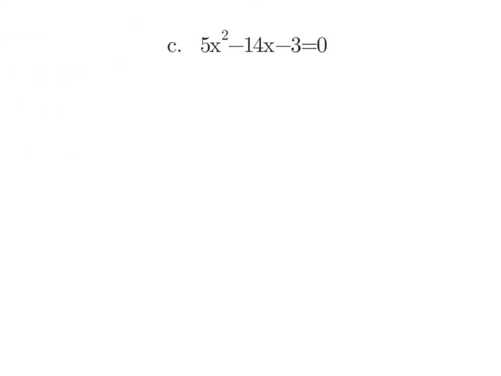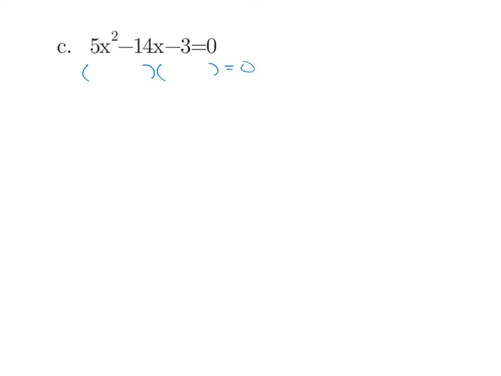Okay, last one. This is already set equal to 0, so we want to go ahead and factor it. Things that multiply to 5x squared are 5x and x. 14, I consider it to be a large number, so I'm going to put my 3 to multiply with my 5, so that means the 3 goes in the second set, and the 1 in the first set.